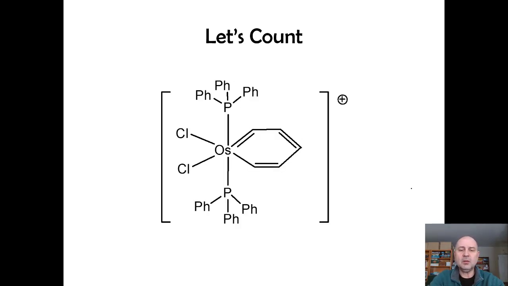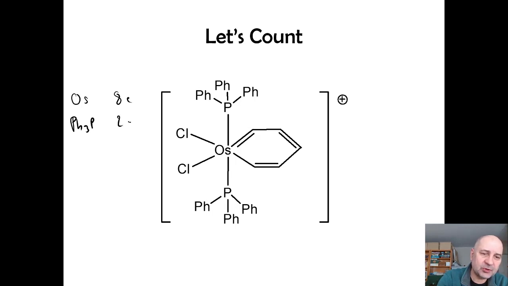This one, obviously I'm using this benzene-like ligand as the one variable here, because osmium is easy. We just look it up. It's in the iron group. Is it? Yes. Triphenylphosphine is a neutral 2 electron donor.